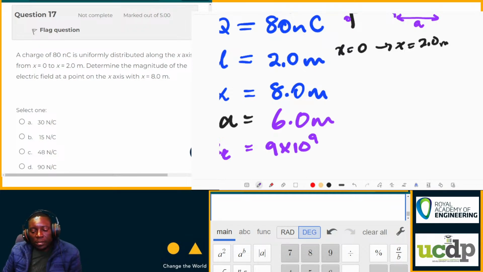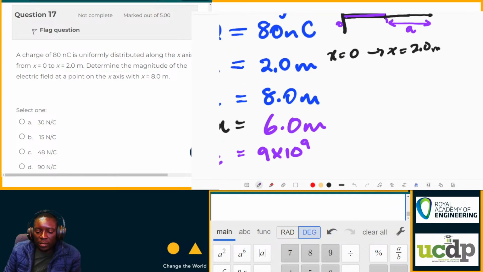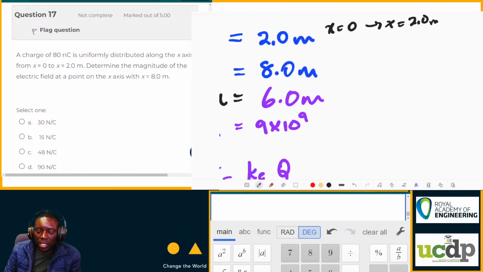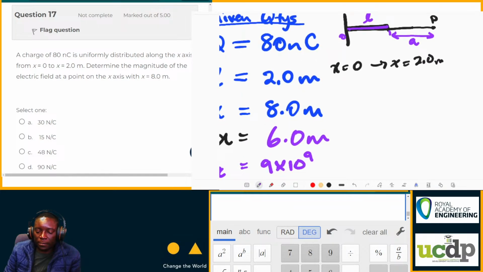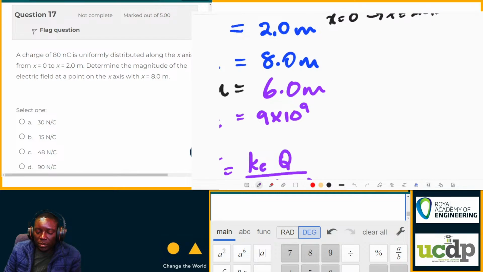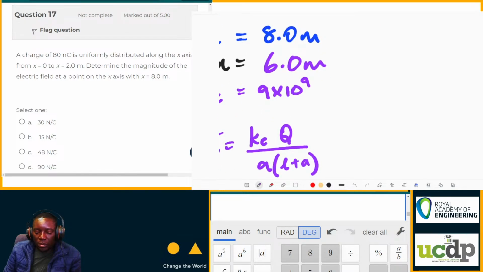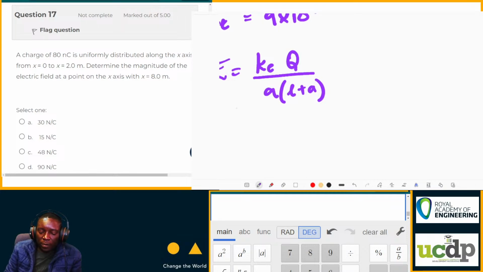We've got Q is 80 nanocoulombs, which is 80 times 10 to the minus 9. L is 2, A is 6, and KE is 9 times 10 to the 9. What do we get for E?